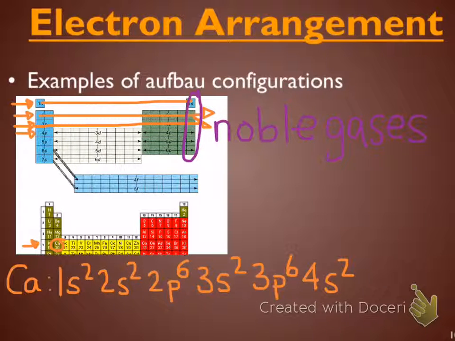So since we always start at the beginning and work our way through, we can look at the electron diagram and see that within calcium's electron diagram, we have 1s2, 2s2, 2p6, 3s2, 3p6, and if we end at 3p6, we are at the same configuration as argon.